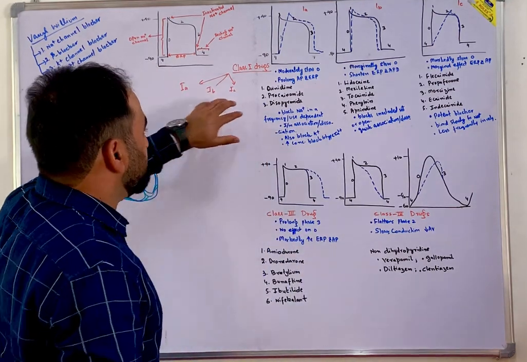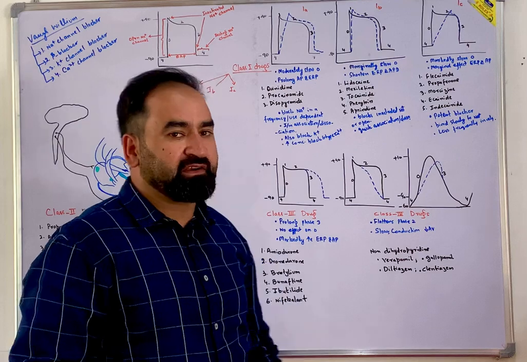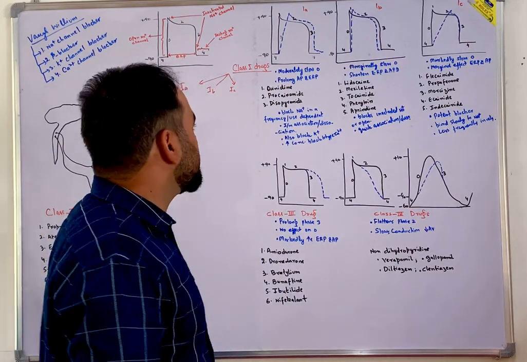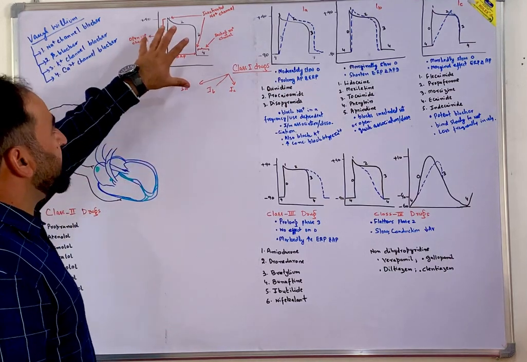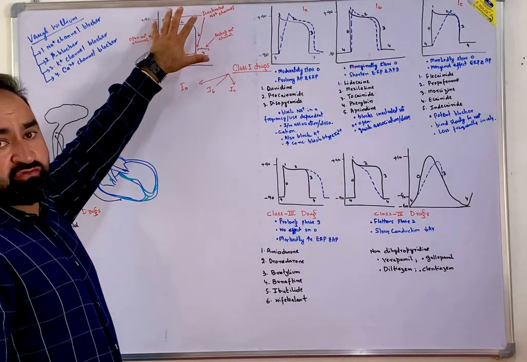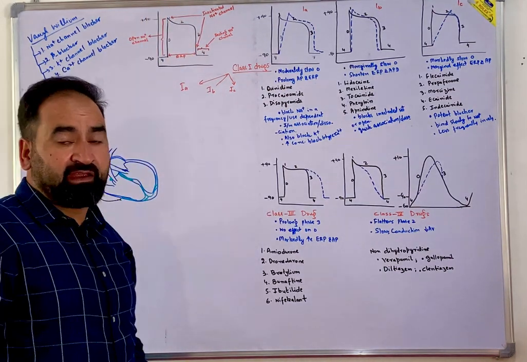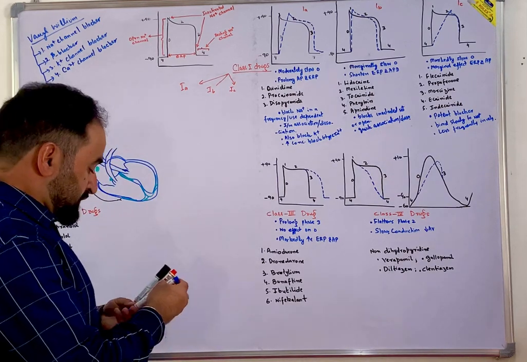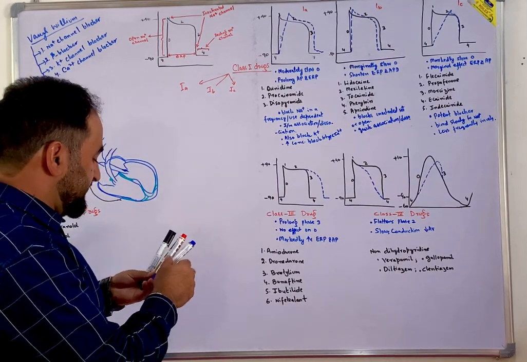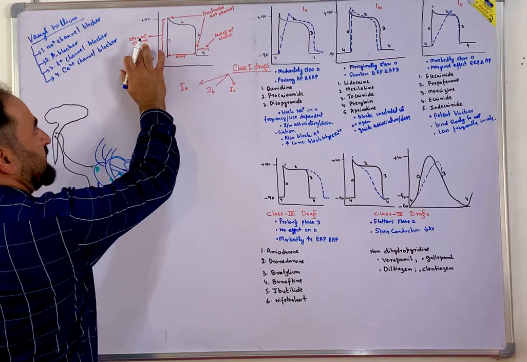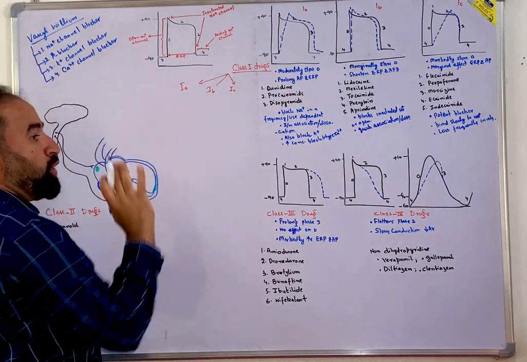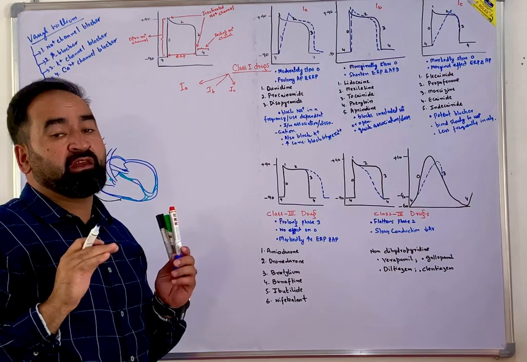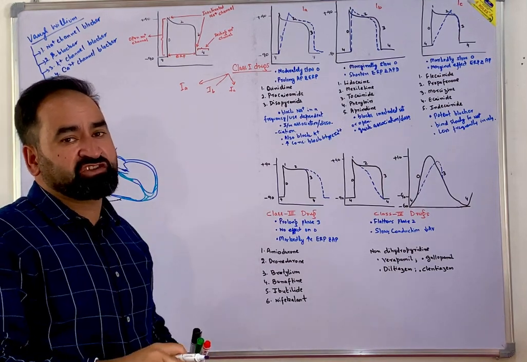Now, before understanding the class 1 drugs, let me tell you something about the sodium channels. Sodium channel exists in three states. Number one is the open state, that is your zero phase, when sodium rushes inside.